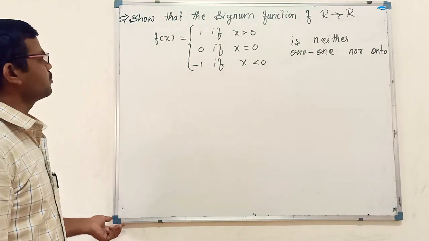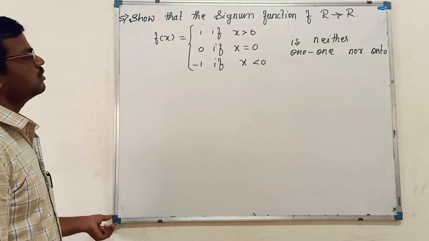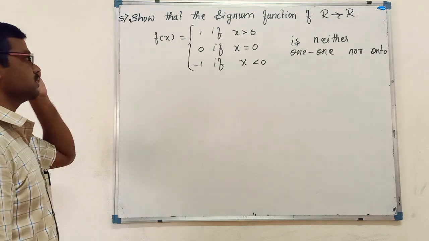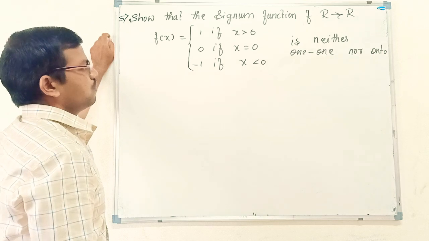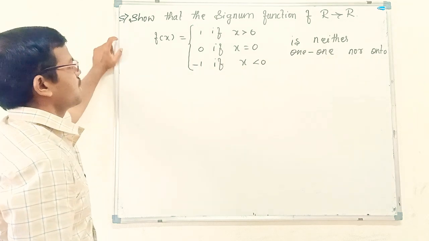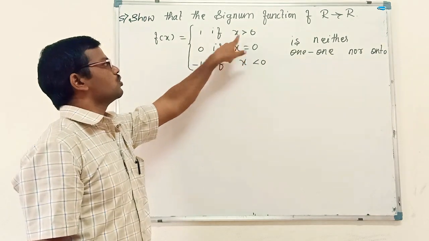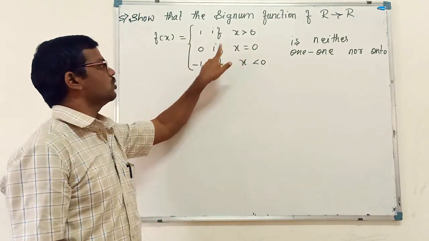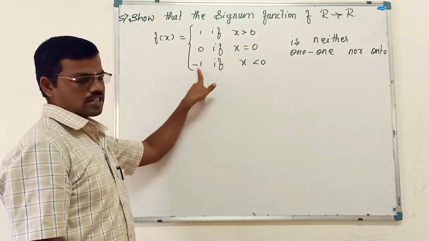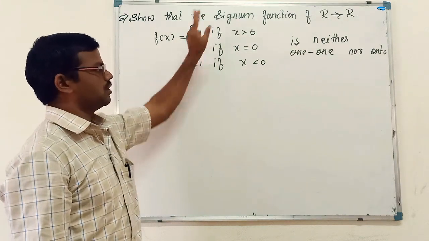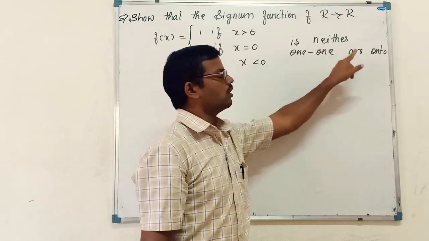Next we come to the fifth problem. Show that the signum function f from R to R, where f of x is defined as 1 if x is greater than 0, 0 if x equals 0, and -1 if x is less than 0, is neither 1-1 nor onto.